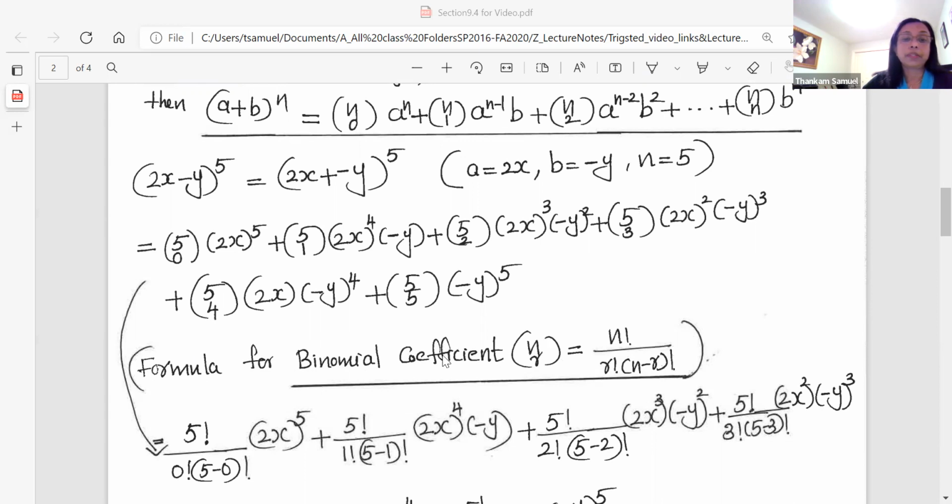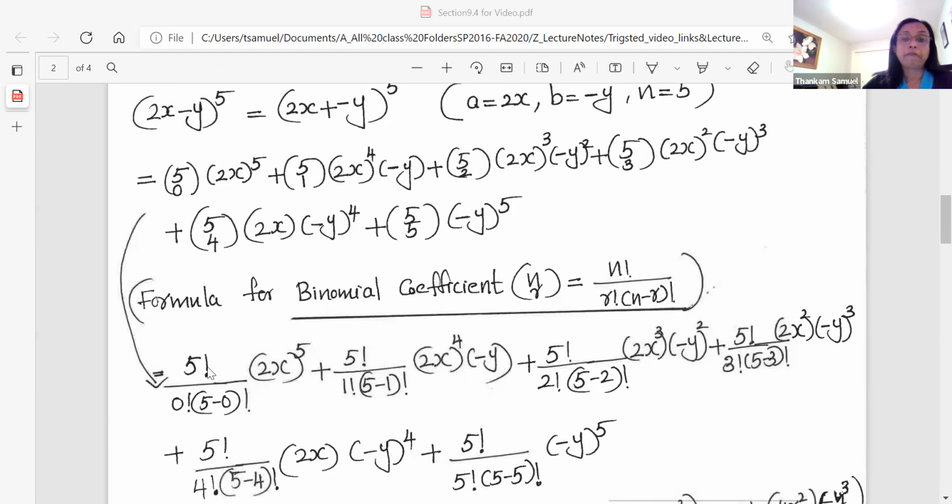By using this formula, we can write 5 choose 0 as 5 factorial divided by 0 factorial times (5 minus 0) factorial, times (2x) to the fifth power, plus 5 choose 1.